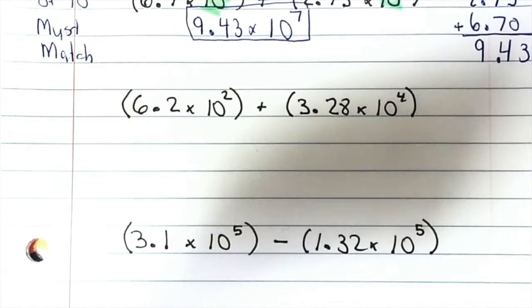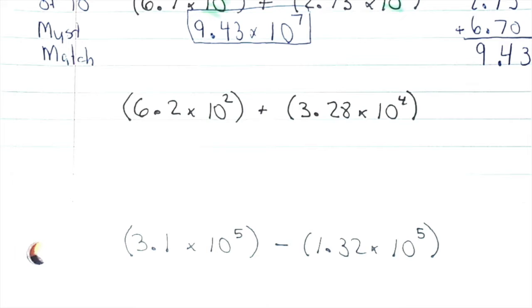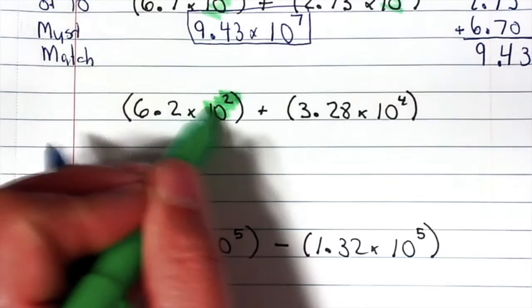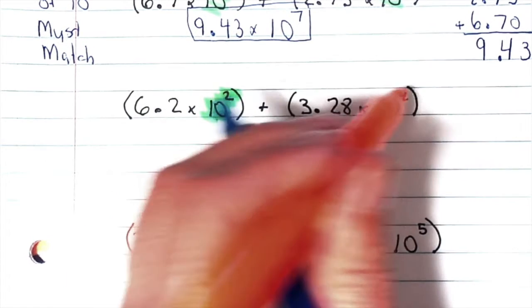So now when I look at this next one, here they don't match. Because here I have 10 to the 2nd, and here I have 10 to the 4th.